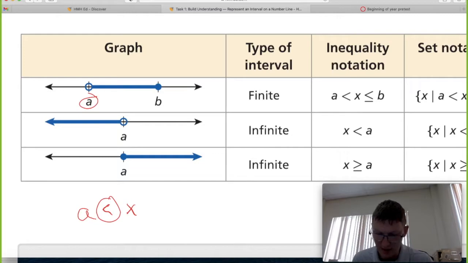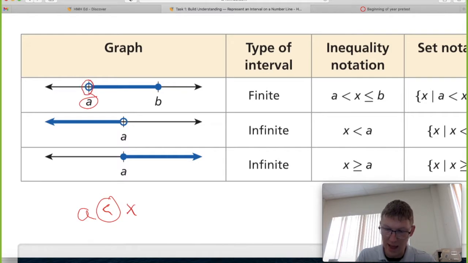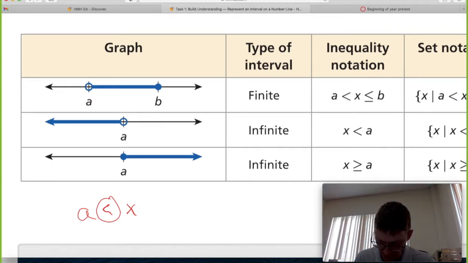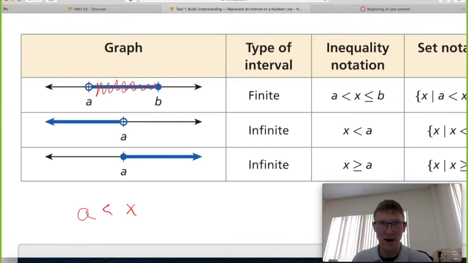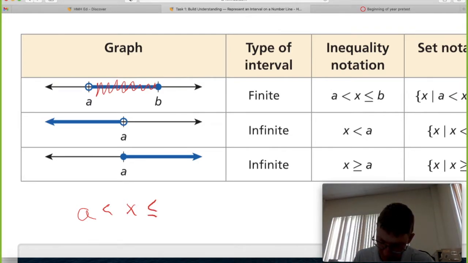So if we look at this less than, there's no line underneath it. That tells us that it does not include A. So that open circle means that it does not include A. So we've got X is somewhere in here, and we know that X is greater than A, or A is less than X. Then to cap it off on this side, we would say X is less than or equal to B. Because this is a solid dot here, that's where we have the less than or equal to.